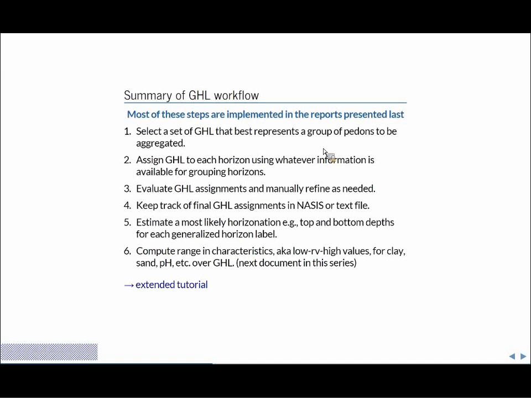So this is sort of an idealized profile based on our collection of profiles. And across those depths, we can compute ranges of characteristics for different soil properties. We have a link down here at the bottom to an extended tutorial on that. Next slide.